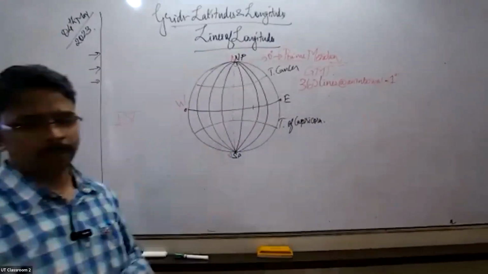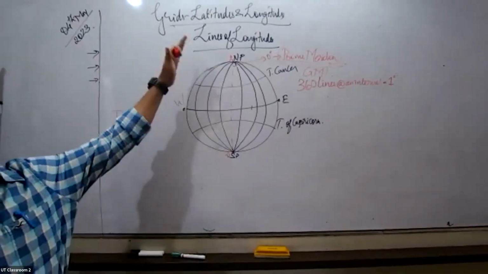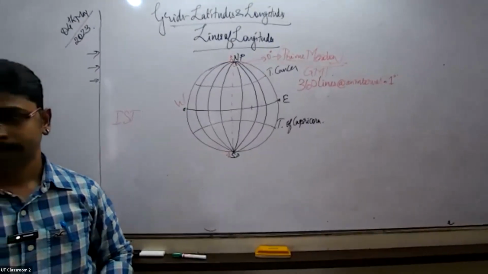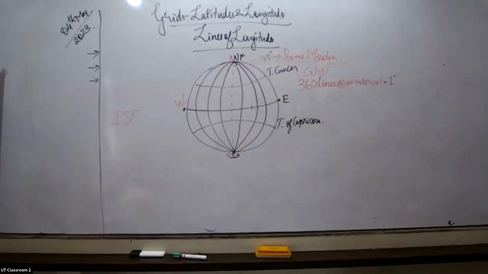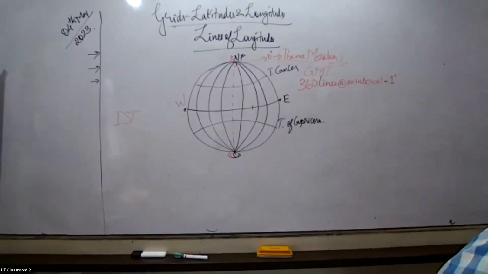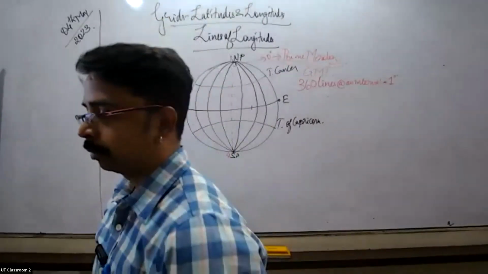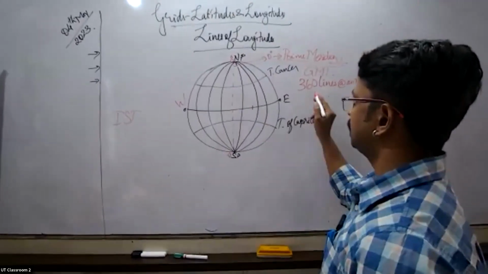Let us look at the globe. You remember how many lines of latitude we had? 181. Now for longitude, I am saying it is 360.